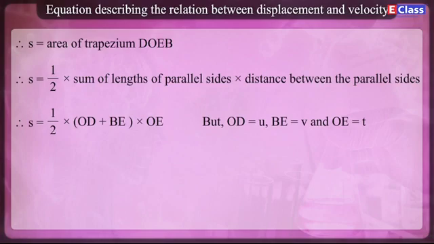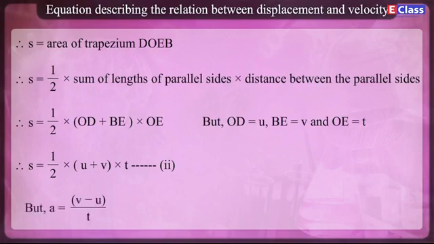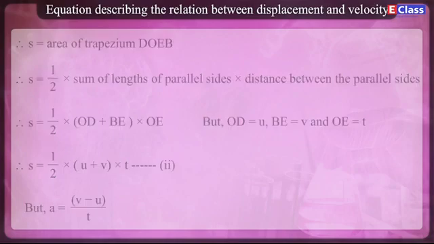but OD is equal to u, BE is equal to v, and OE is equal to t. Therefore, s is equal to 1 upon 2 multiplied by u plus v multiplied by t. But a is equal to v minus u upon t.